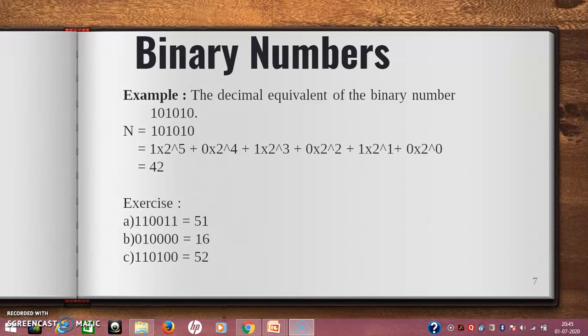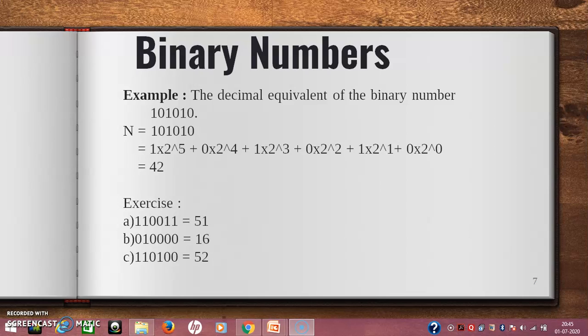Starting from the right hand side, the power of 0 is for the last bit, so it is 1 into 2 raised to power 5 plus 0 into 2 raised to power 4 plus 1 into 2 raised to power 3 plus 0 into 2 raised to power 2 plus 1 into 2 raised to power 1 plus 0 into 2 raised to power 0, which gives us the value of 42.